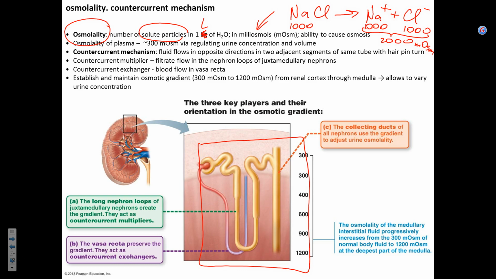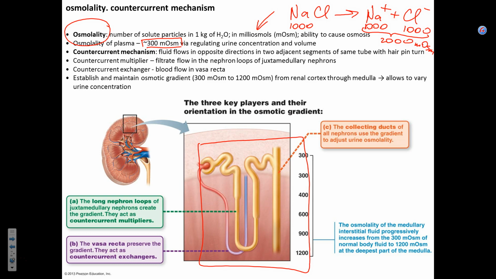So normal osmolality of plasma is 300 milliosmoles. That includes all the sugar, salt, and so on. Does that make sense? So the function of juxtaglomerular nephrons is to maintain the osmolality of plasma at 300 milliosmoles.